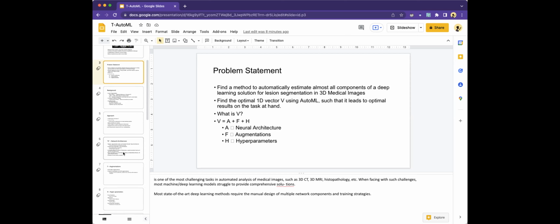Using these basic building blocks, you can automatically form a lot of potential structures. Depending on what building blocks you use and how you connect different operations in different layers, you can come up with a lot of very different architectures.